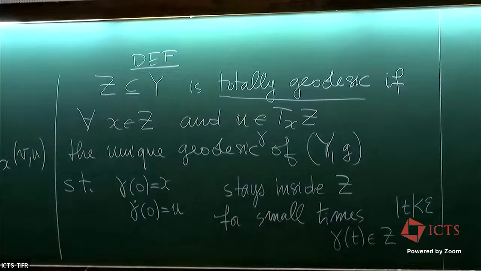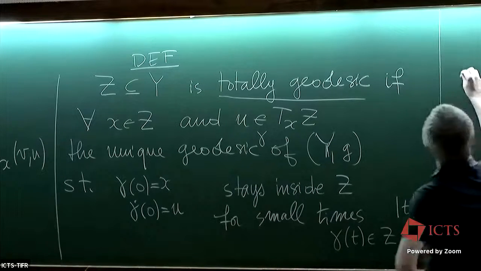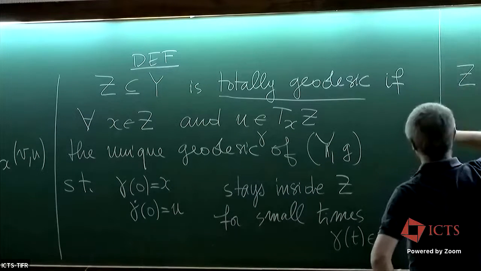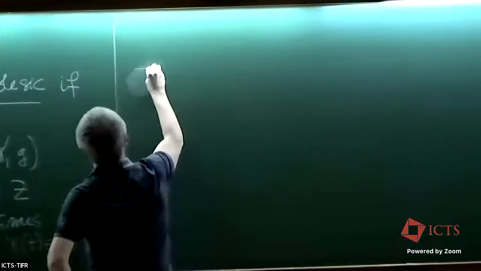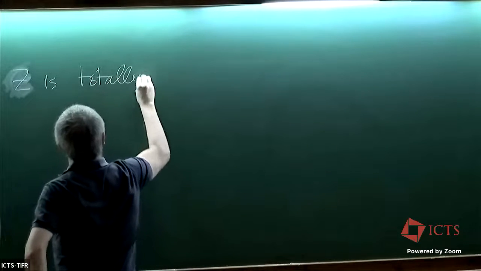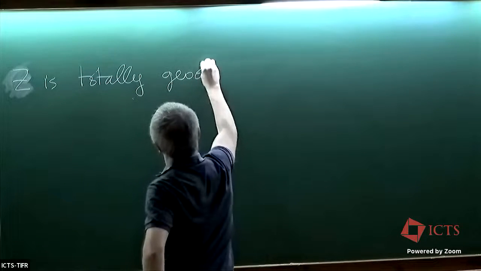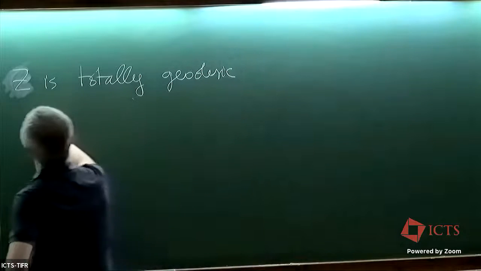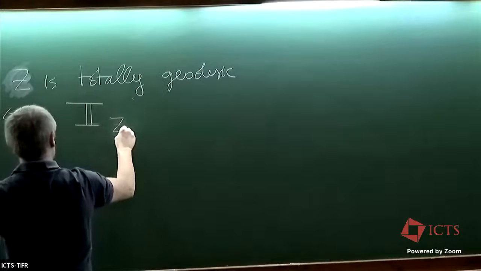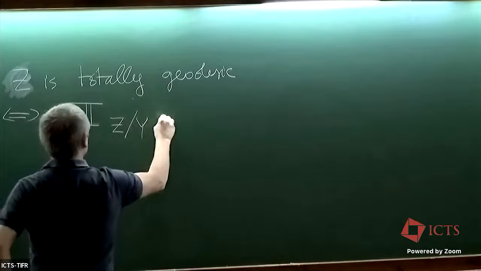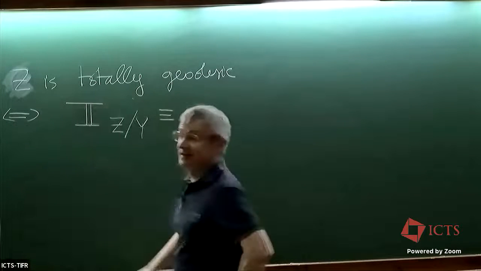And okay, so it's quite easy to check this fact that Z is totally geodesic if and only if the second fundamental form of Z inside Y vanishes identically.